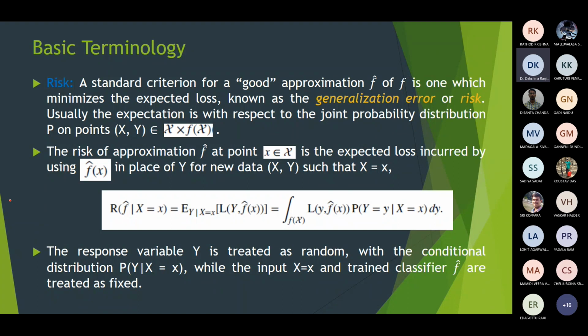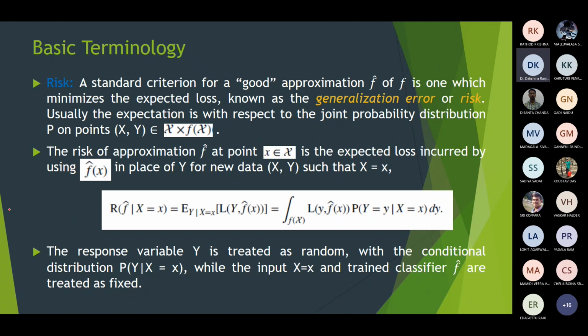Usually the expectation is with respect to the joint probability distribution P on points x comma y that belong to the feature space, which is approximated by the range f of x.